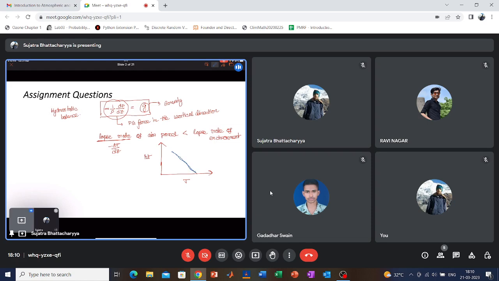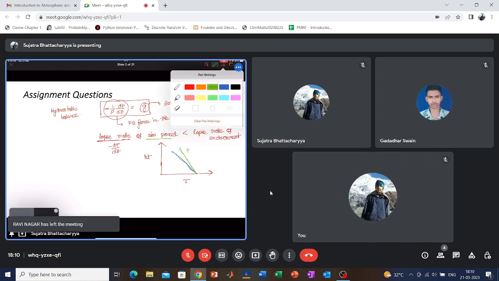This is for the environment, and let's take the green color where the lapse rate of the air parcel, which is less than that of the environment. It means temperature decrement in case of air parcel is less. Therefore, it will be like this. Okay, this is for the parcel and this is for the environment.